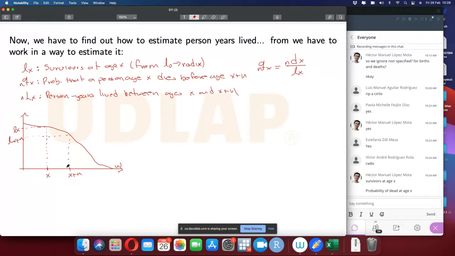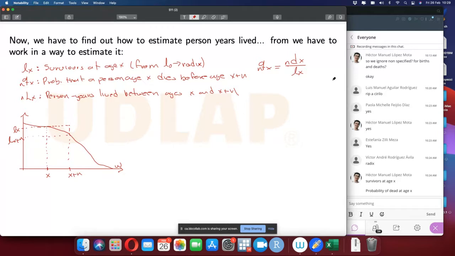Of course we could use some integration techniques if I have an expression for survivors, but if we don't have an expression, I have two options. I could estimate the area of this big rectangle here, and then I am overestimating just because I know some of them die in this period, or I could go with the small rectangle here and then add this area over here.